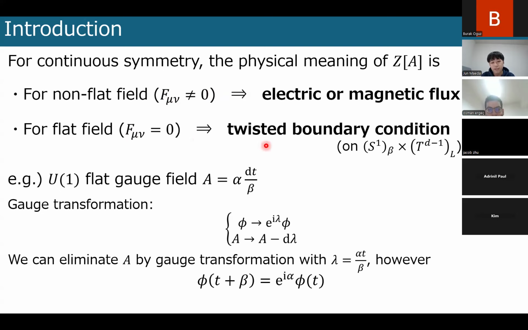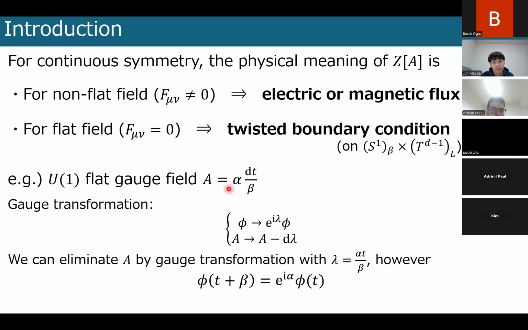Yes, to consider twisted boundary conditions, we must compactify the spacetime. And in this talk, we especially focus on the torus, the d-dimensional torus, as a spacetime. So this beta is the inverse temperature, which means the length of the temporal direction, and this L is the length of the spatial direction. Let us consider the following example of a U(1) flat gauge field, which is written in this form.